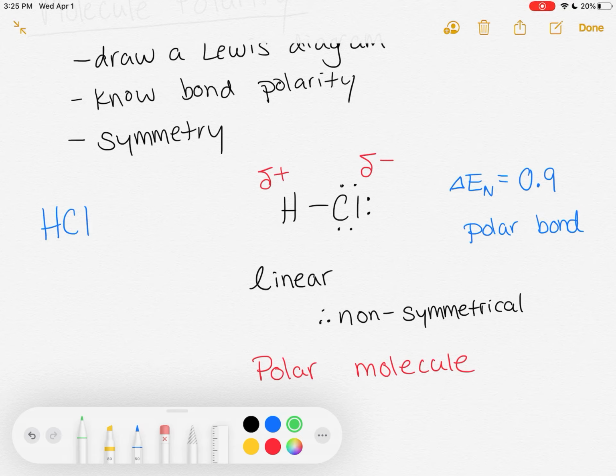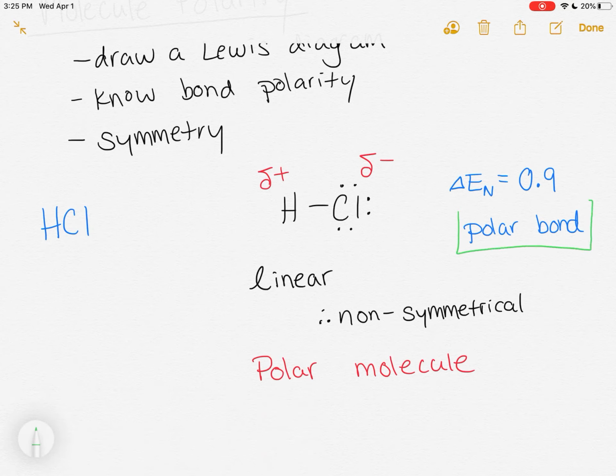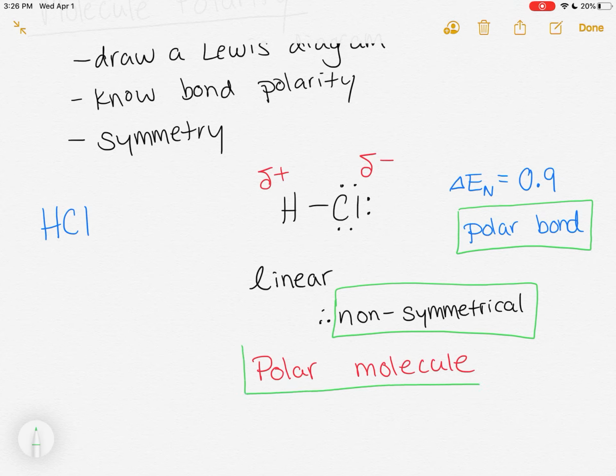And so it's going to be a polar molecule. So the big thing that's going on there is that because we have this polar bond and we have a non-symmetrical shape, that's how we know we ended up with a polar molecule.